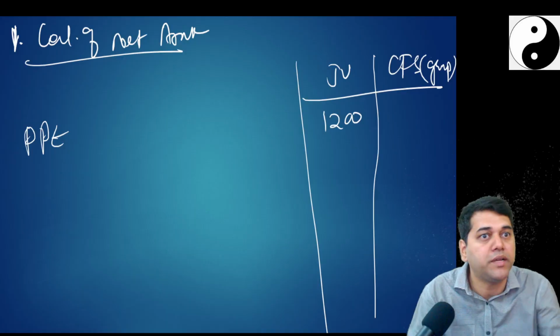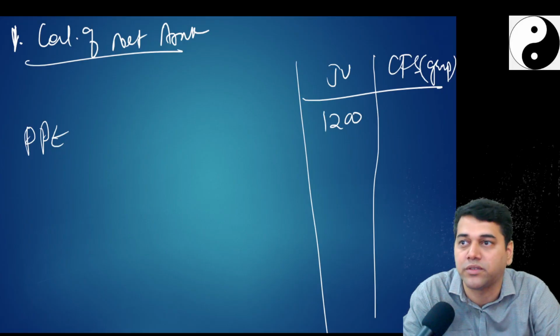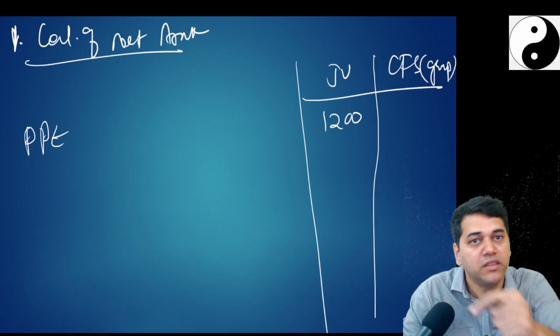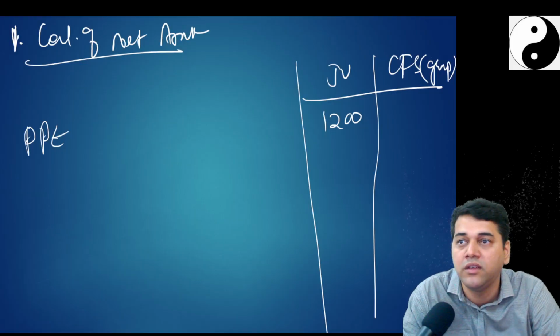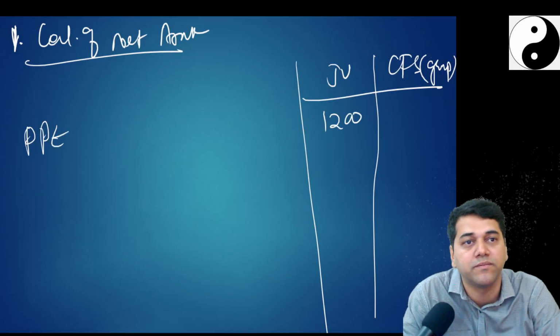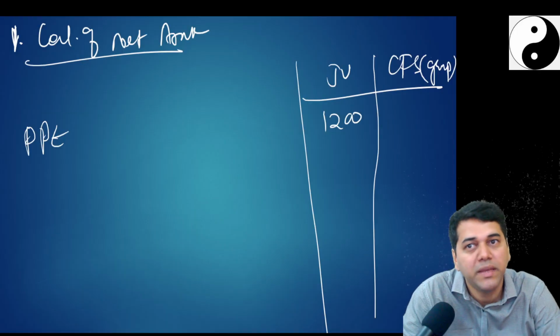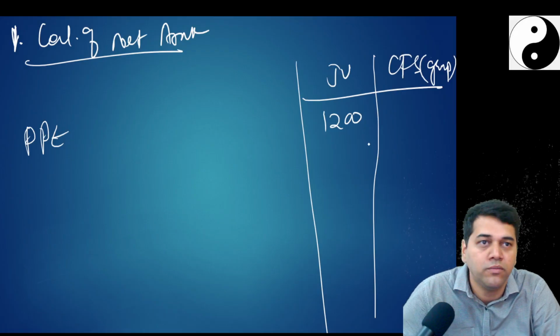Maybe in the exam they may tell that the joint venture assets were so and so. Then you have to take 50%. But in the given question, they said proportionate asset is so and so. You cannot make any assumptions there that it is the joint venture's balance sheet. No, they don't do it. Don't worry. But be careful. You know what you are doing. So it is 1200. Followed, no?